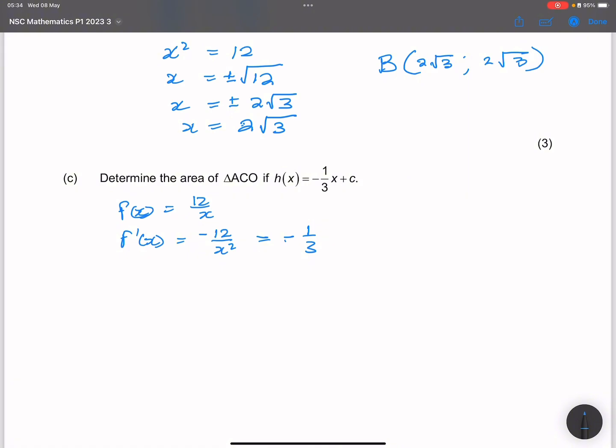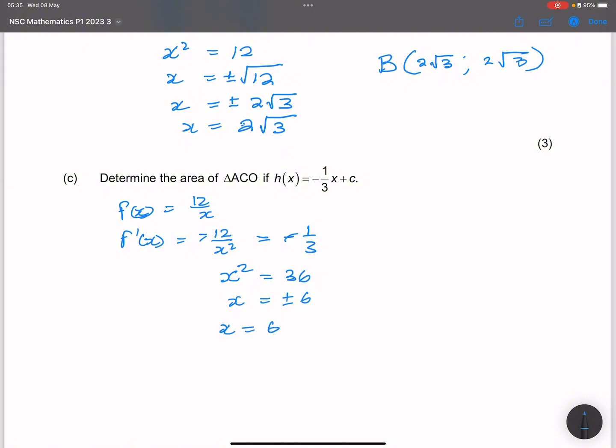So the negatives can cancel. So I've got x squared is equal to 12 times 3. That gives me 36. And if I take the square root of 36, that's plus or minus 6. But remember, we're only going to take the positive value, because we're in the first quadrant. So x will be equal to 6.